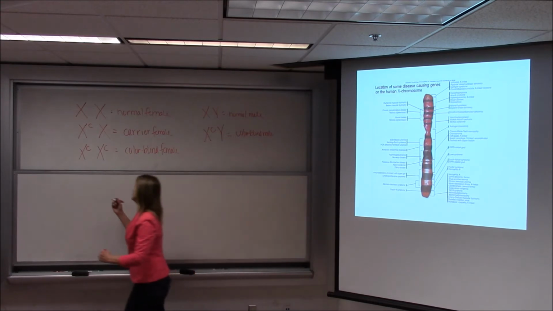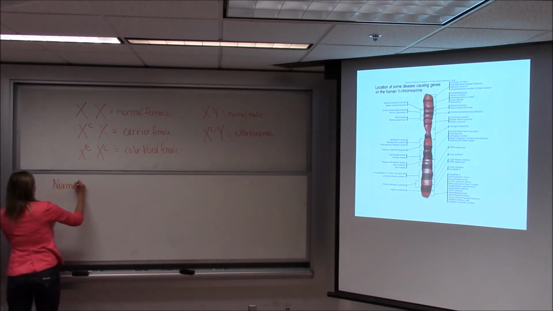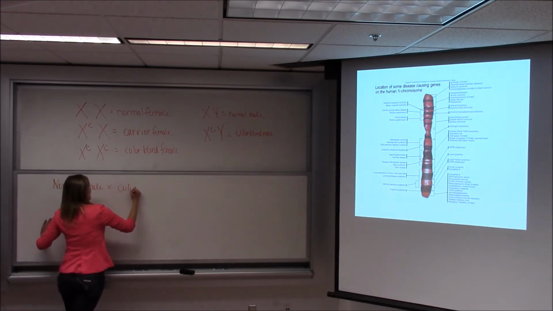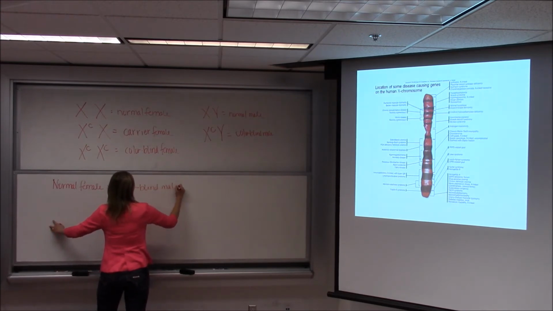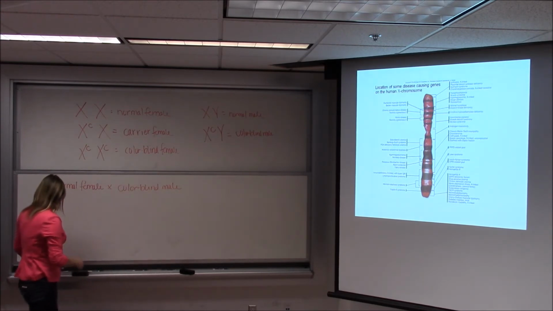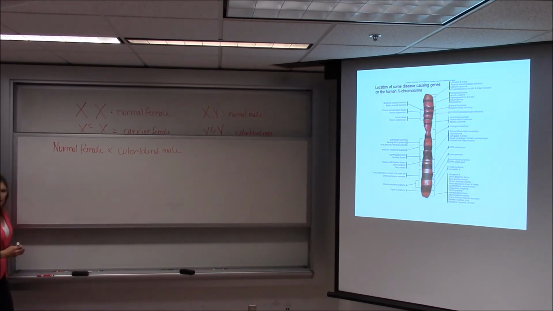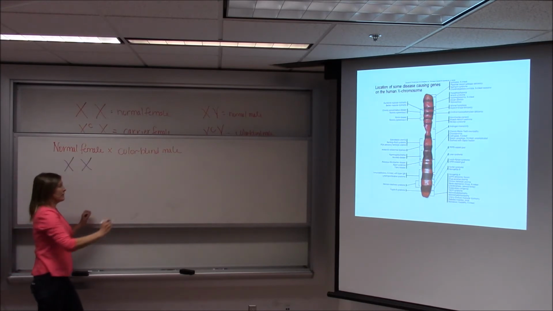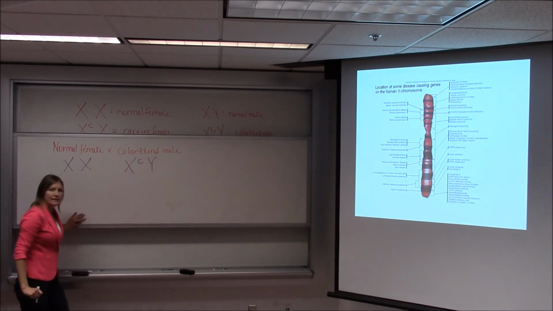Let's do normal female with regards to color blindness times colorblind male. Okay, what would the genotypes be? Normal female means no colorblind allele on either X. Colorblind male, that's his genotype.